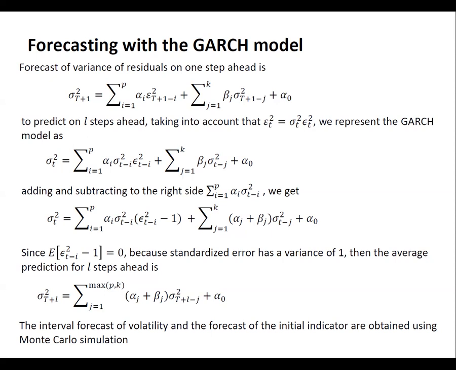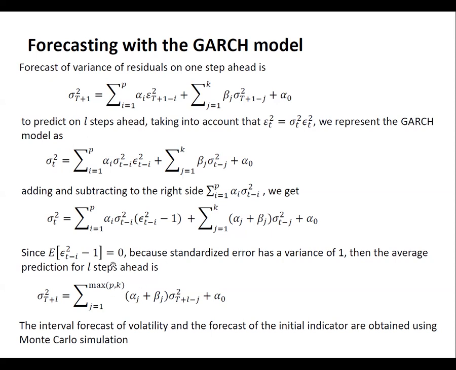Well, since the average forecast is our expectation, that is, we apply the expectation operator to the left and right parts of the equation, then we get that the expectation of the standardized error squared minus 1 is 0.